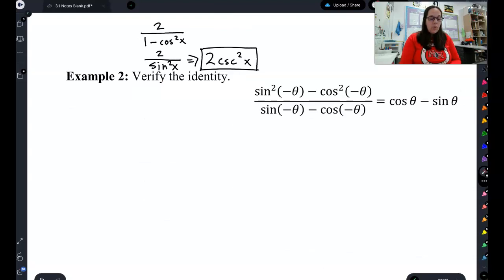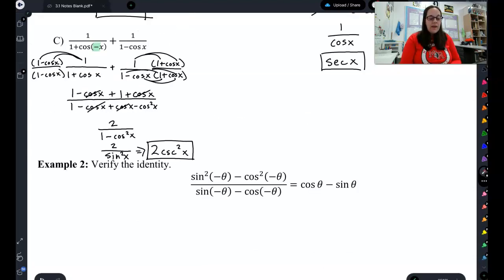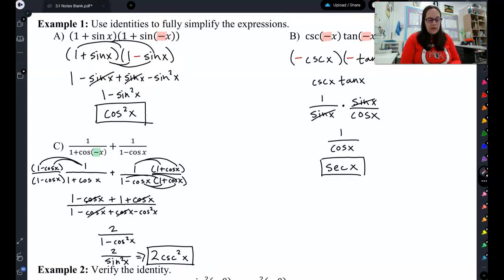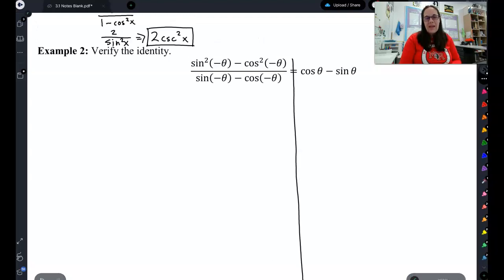So let's do one last example with these even-odd identities. And that is, instead of just simplifying something, let's go back to verifying identities. So remember, on these ones, you can only work on one side at a time. You cannot move things from one side to the other. And typically, we want to work with the most complicated side first and simplify it down.